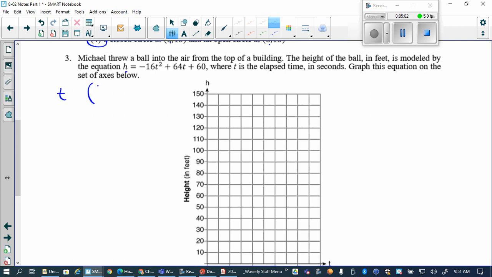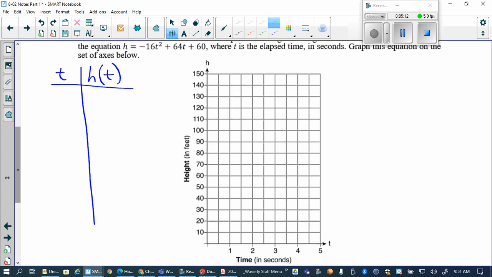So t and h, oops, h of t. Keep watching as we do it. Now, when you're making a table of values, look at the graph I gave you here.